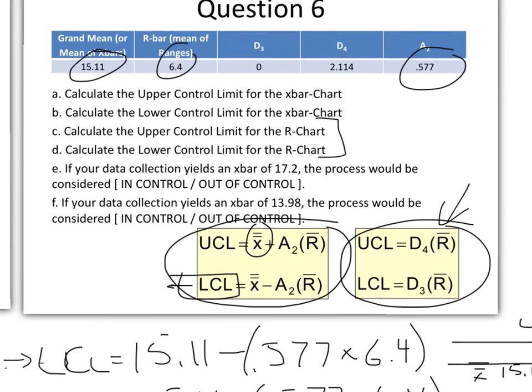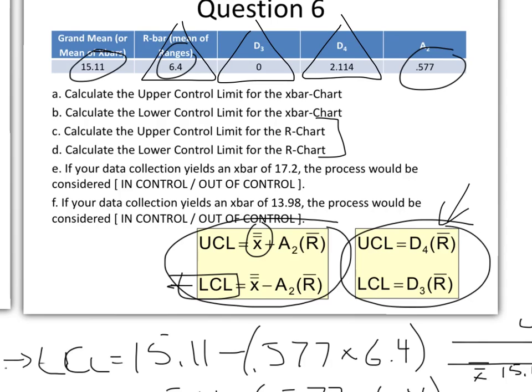Okay, I'll just circle again what we're looking at here. For our upper and lower control limits, I'll put these in triangles, D4 and D3 for this particular group. And then we're going to be using the range, or the R bar, for our group.